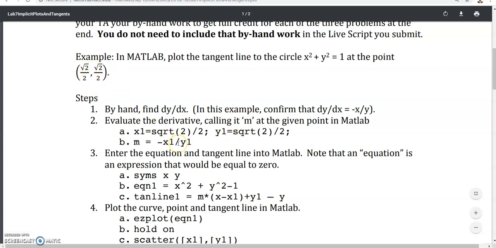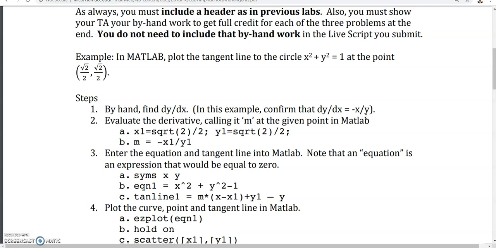Now you need to find the slope at those points. We know dy over dx is the slope, so I'm going to call that m. m is equal to negative x1 over y1. As soon as you take the implicit derivatives and get an equation for dy over dx, which is m, you have to replace all your x's with x1 and all your y's with y1.